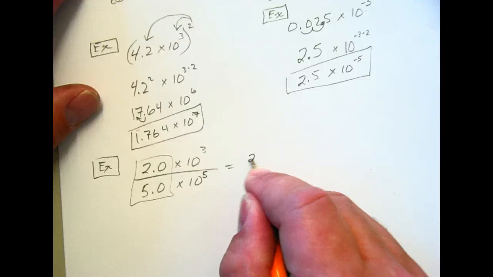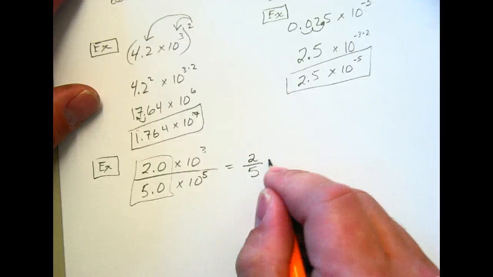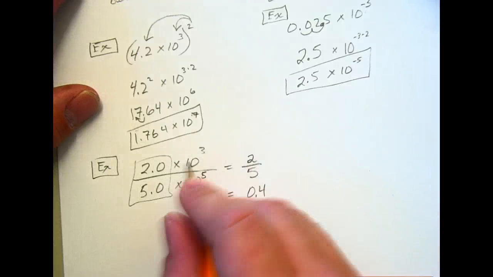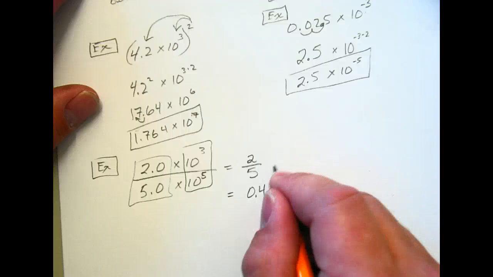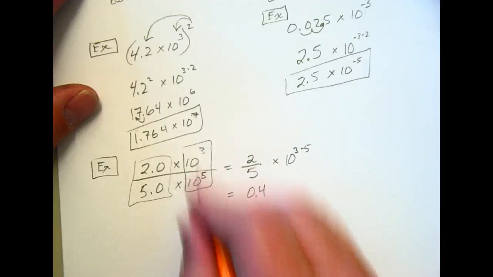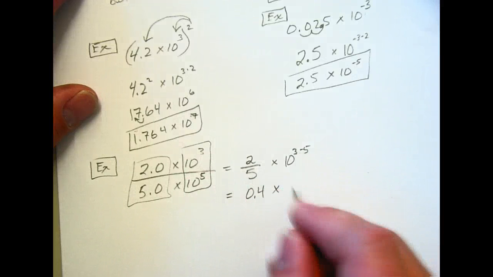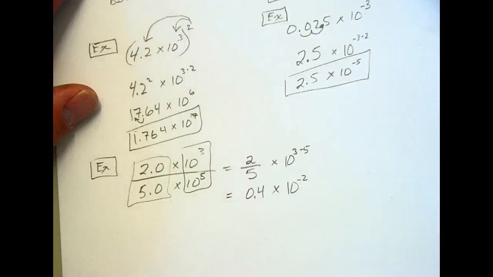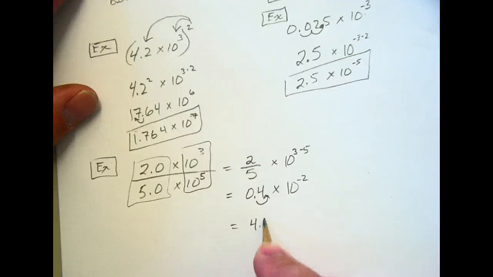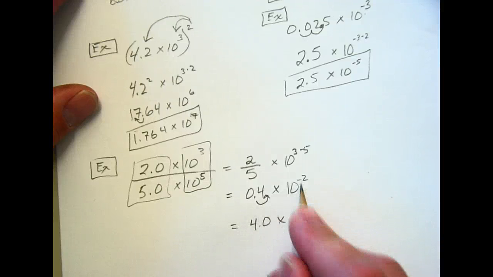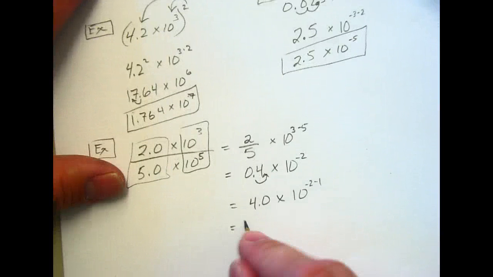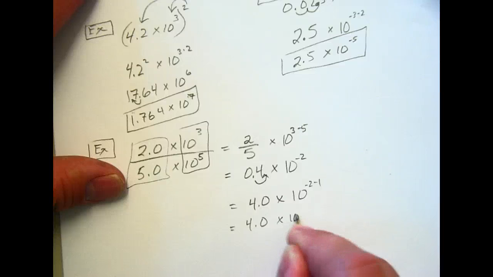So that's 2 divided by 5, which is 0.4. And then 10 to the third divided by 10 to the fifth. Well, since those are the same base, it's just 10 to the 3 minus 5. So treat it like 2 different problems. And then put it together at the end. You get 10 to the negative second. And then that's not scientific notation. We move that over 1. So we get 4.0. That got bigger, so this gets smaller. So subtract 1. 4.0 times 10 to the negative third.